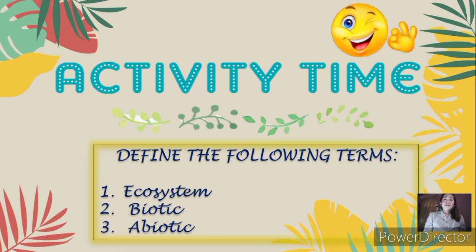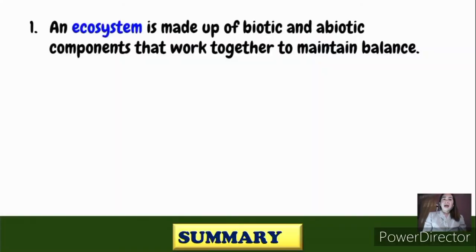Now let us define the following terms one by one. First, ecosystem. An ecosystem is made up of biotic and abiotic components that work together to maintain balance.